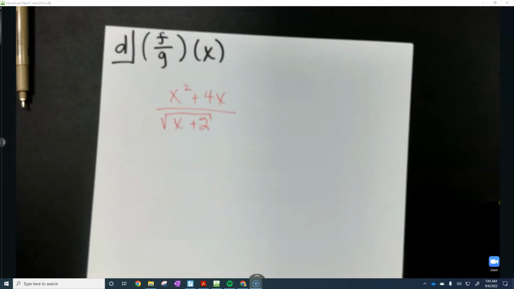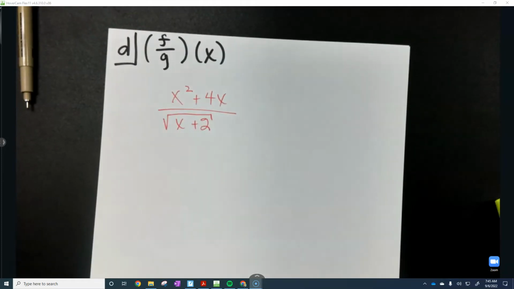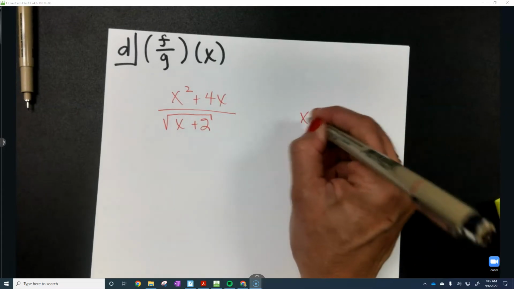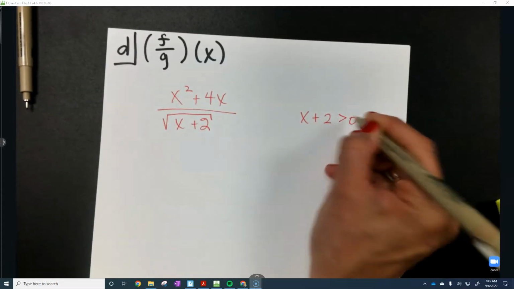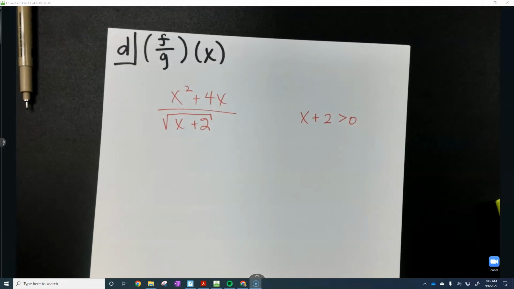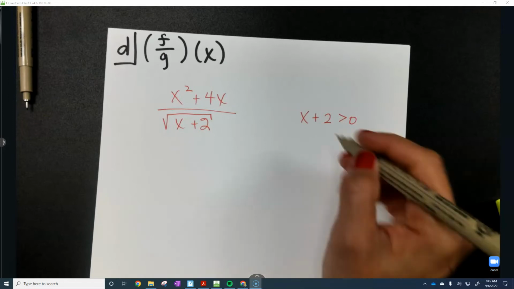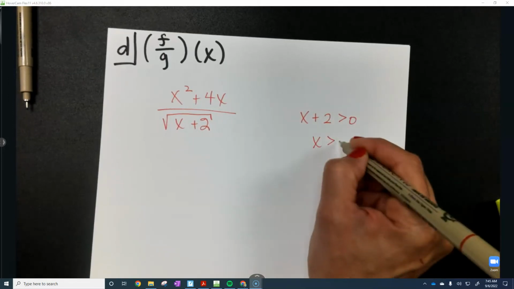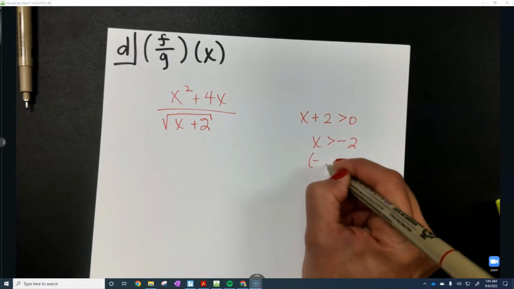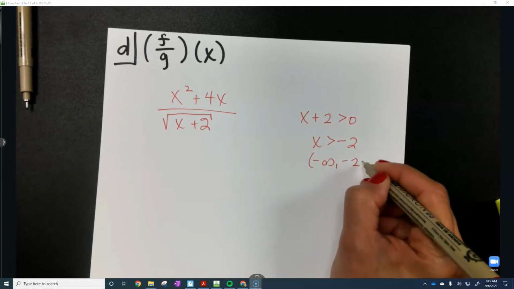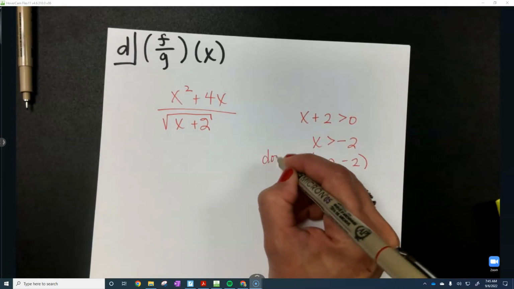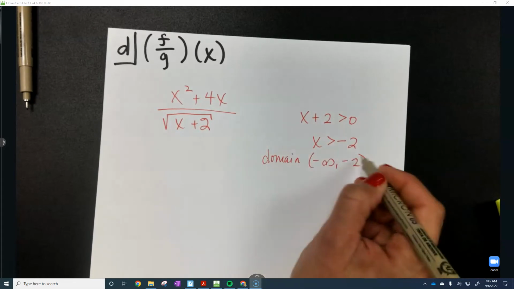So looking at this right now, you have a denominator and you have a square root in the denominator. So remember, for this, it is not part equal. It just cannot equal 0 and it cannot be negative. We cannot have it part equal in a denominator. So when we restrict our domain, we know x has to be greater than a negative 2. I'm going to go ahead and write that in interval notation. Remember, no brackets.